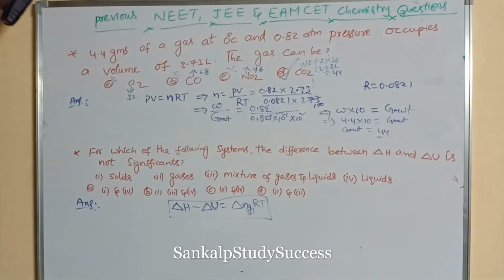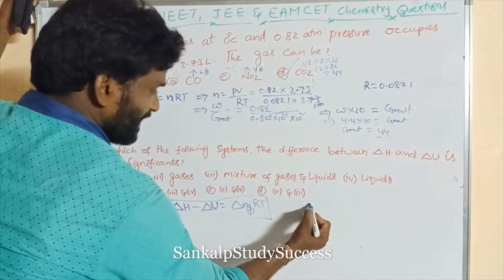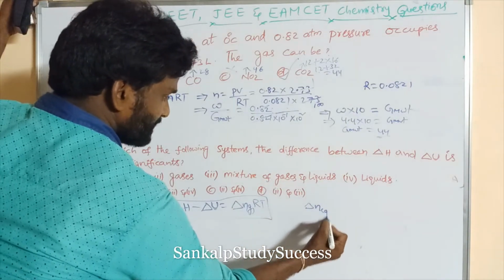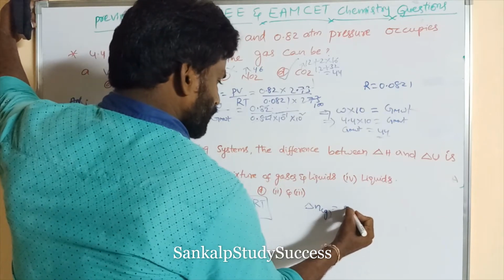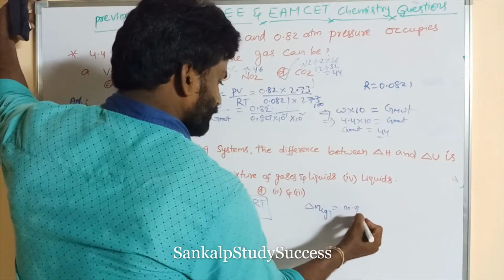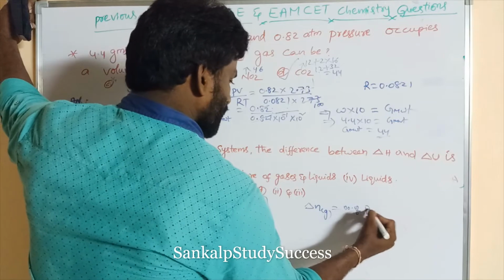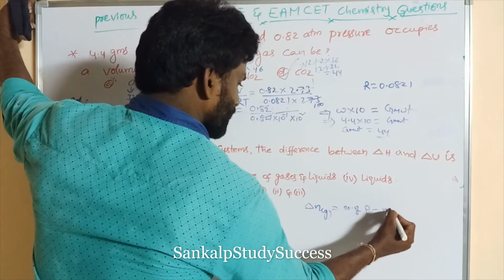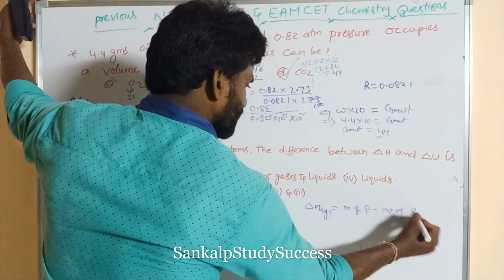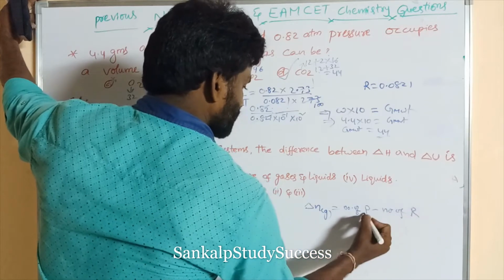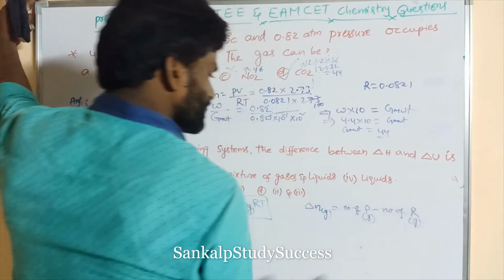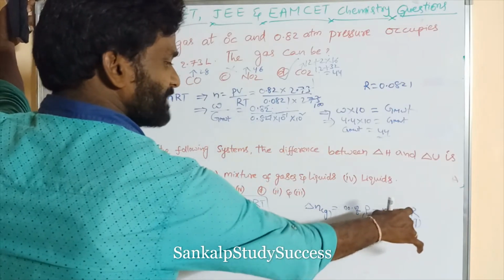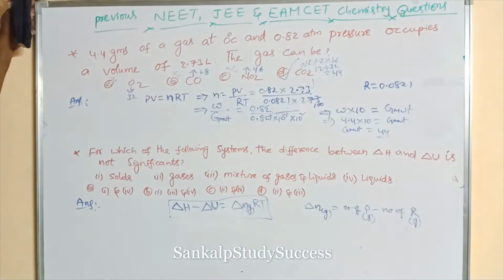So here delta Ng is the difference between the number of product molecules minus the number of reactant molecules that must be present in gaseous state. Number of gaseous molecules in product, number of gaseous molecules in reactant.